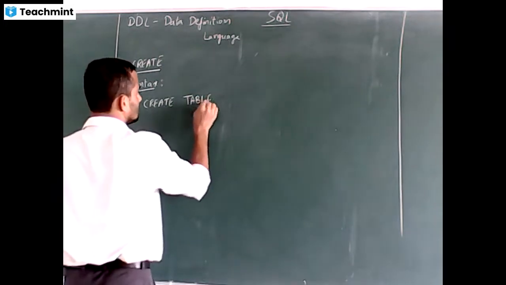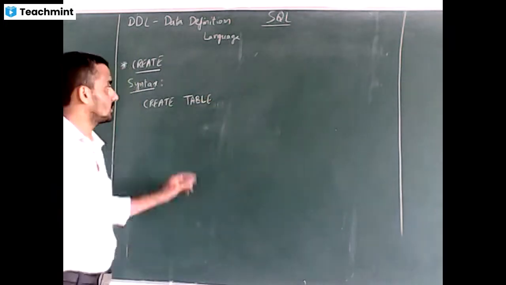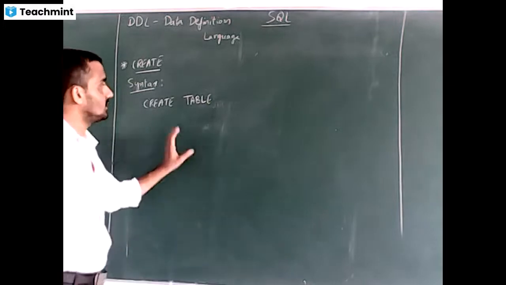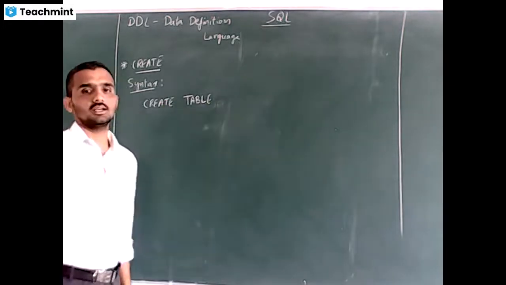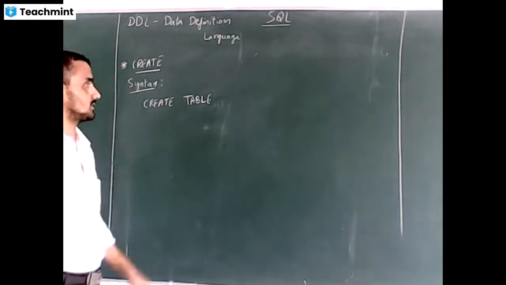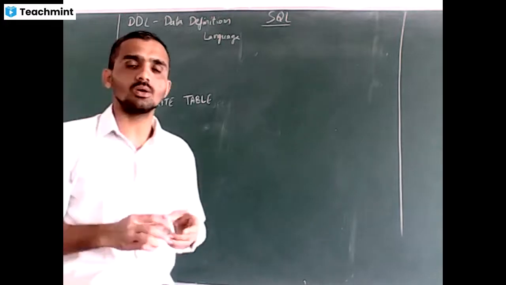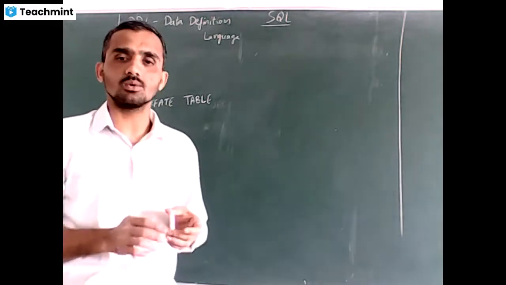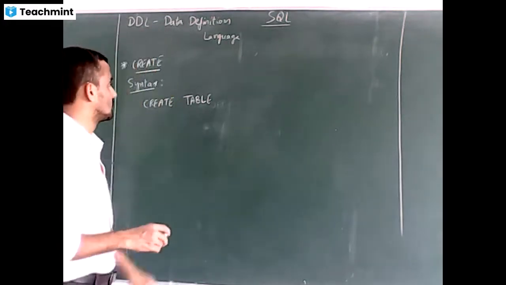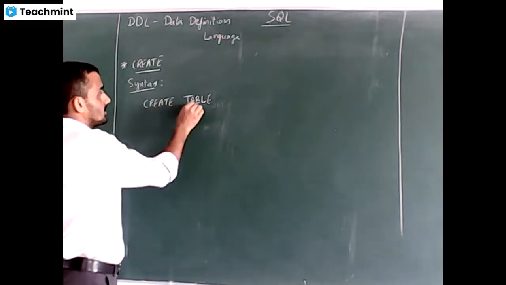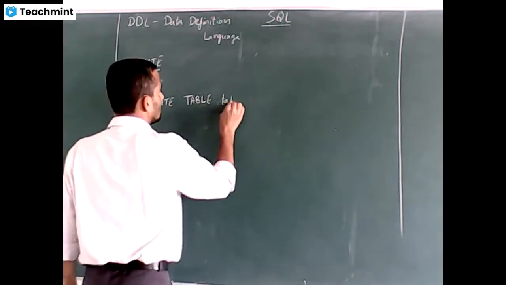Table is a keyword. It is not a rule that you write capital letters. Just to make the difference between keywords and identifiers, I am writing in capital letters. In C++ we write in lowercase, where it is a rule, but here it is not. Create is a keyword, table is a keyword, followed by the table name.